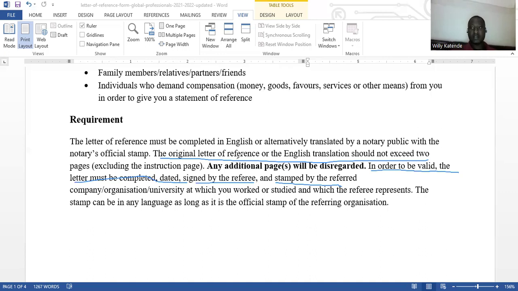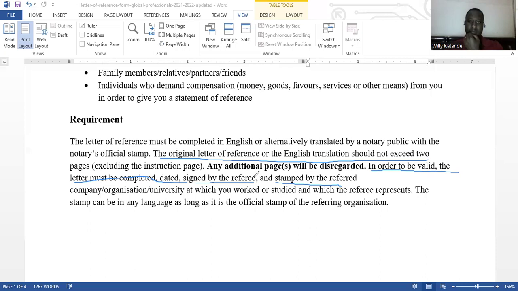So here they are trying to tell you that the letter cannot be more than 2 pages, and if in any case it stretches over 2 pages, you have to date and sign.